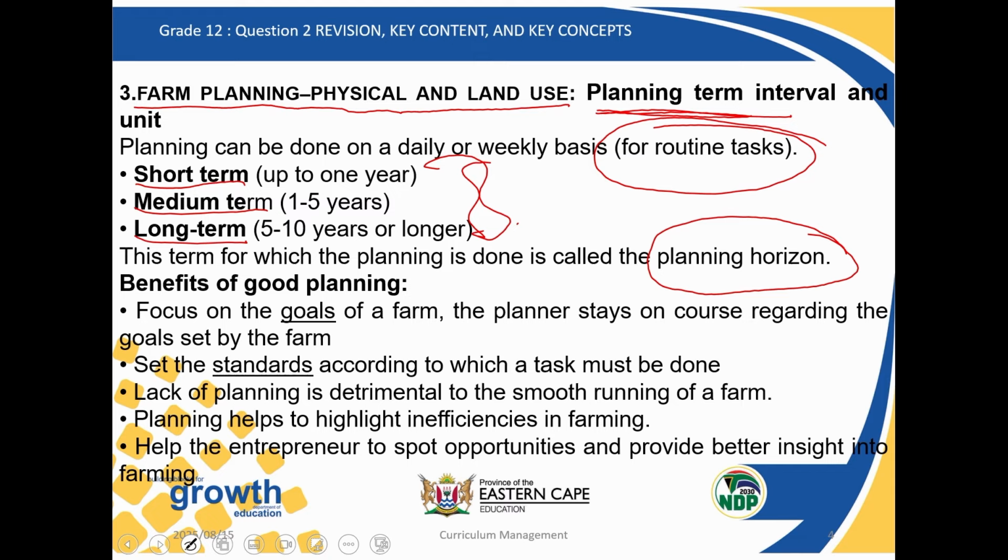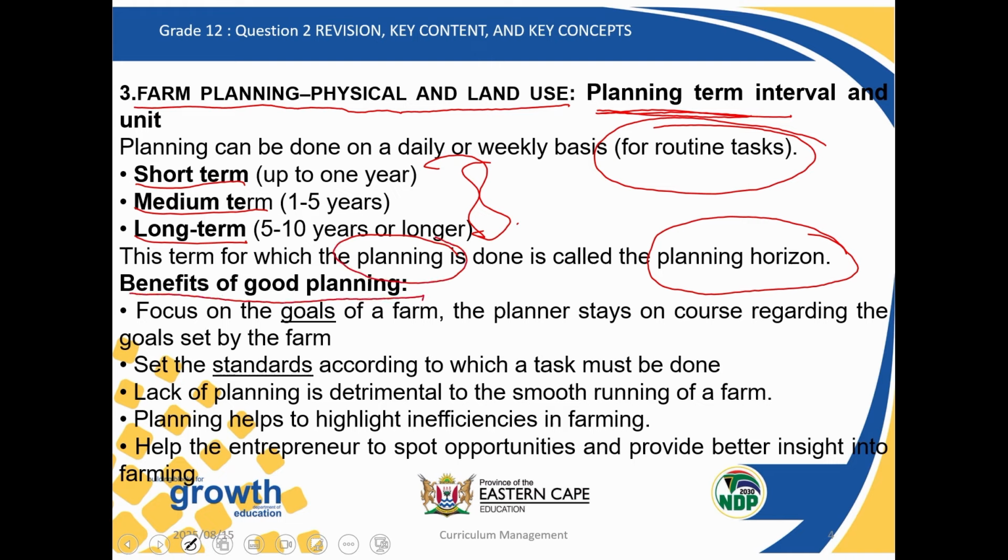So we are instilling the element of making sure that there is a planning horizon: plan for a day, plan for a week, you plan for a year, you plan for medium term, you plan for a long term. Because we want your farm planning to be sustainable, and there are benefits.